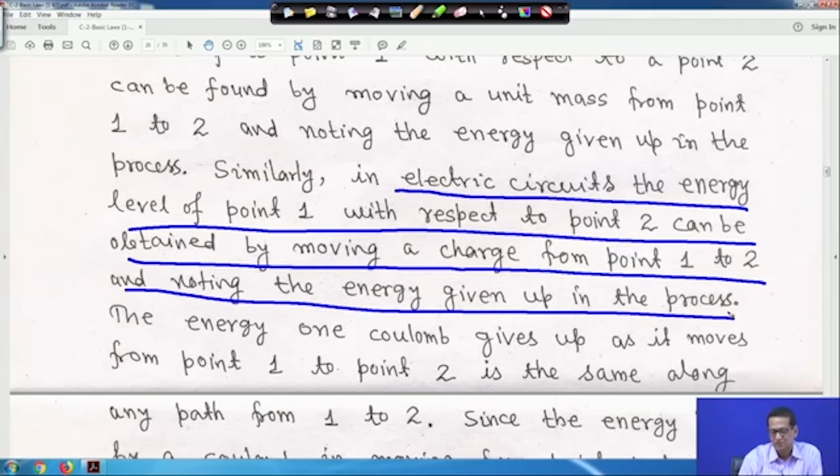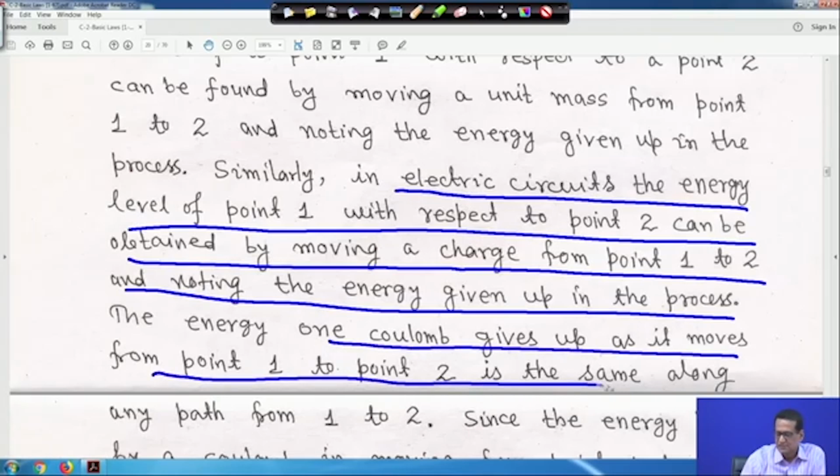That is, the energy that a 1 coulomb charge gives up as it moves from point 1 to point 2 is the same along any path from 1 to 2. Whatever way you take.